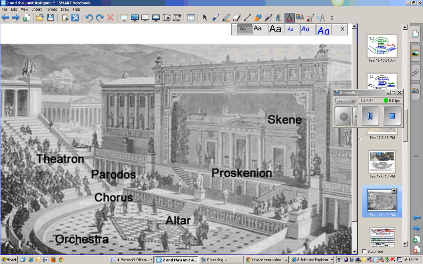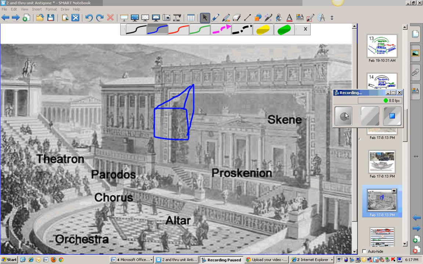Now, other things that aren't in this diagram but would be structural nonetheless, and I want you to write them under your notes here, are the masks. The masks in Greek theater project voice. It's like a little mini microphone almost. Think of a 3D trapezoid at somebody's mouth and how that would project the sound. I wanted to draw that first so you could be sure to understand what I was saying here.